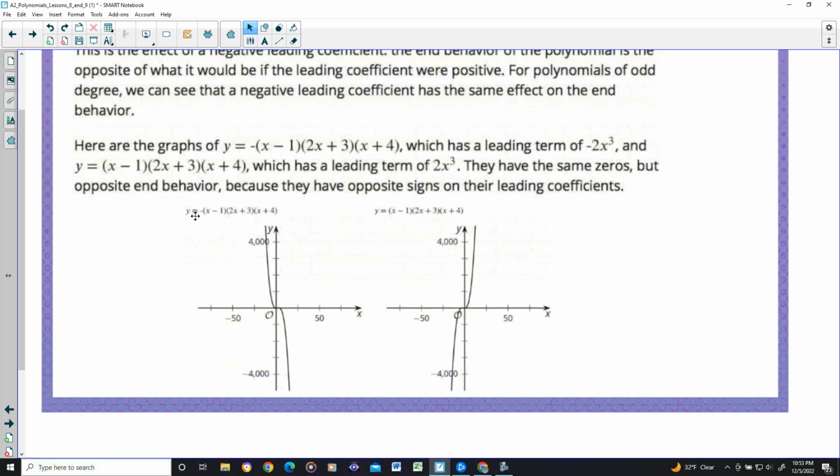This one starts with a negative, so odd negative goes down, kind of following a negative slope, but just bent. And then odd positive. There we go. And from that, we can make our statements as to whether x goes to positive infinity, negative infinity, and y goes to positive or negative infinity.